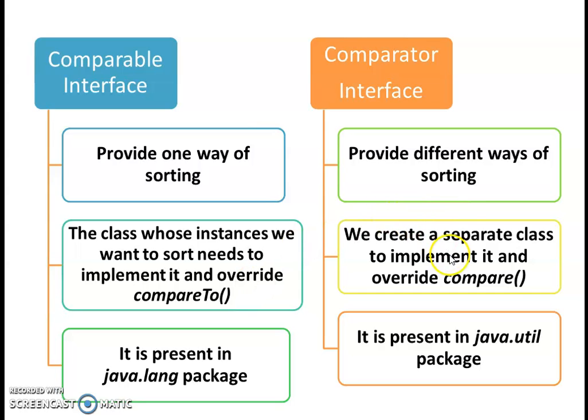But in case of comparator we need to create a separate class to implement it and to override compare method. And next difference is comparable interface is present in java.lang package, so we don't need to import this comparable interface because java.lang package is by default imported. But in case of comparator we need to import java.util package because this is not by default imported. So these are the differences between comparable and comparator interface.